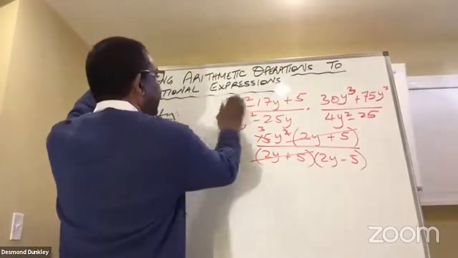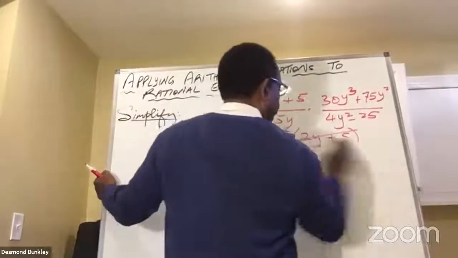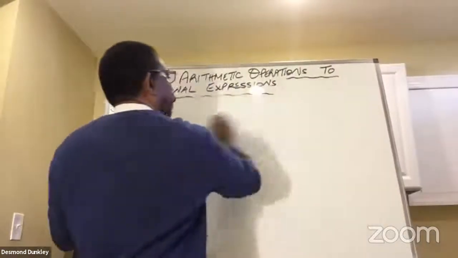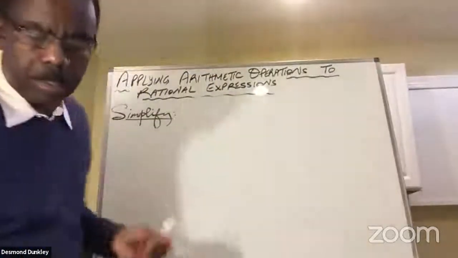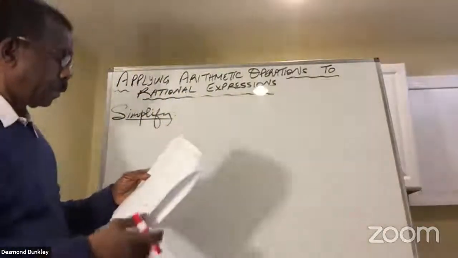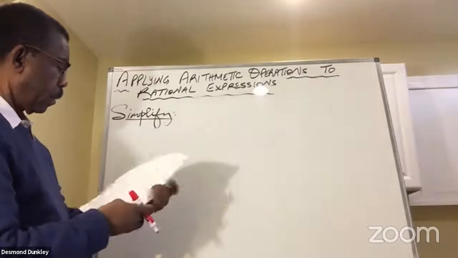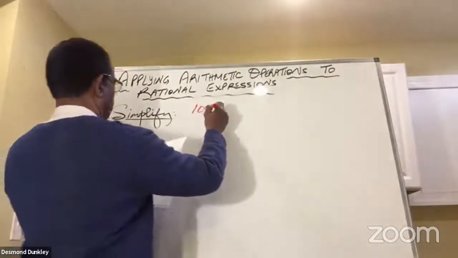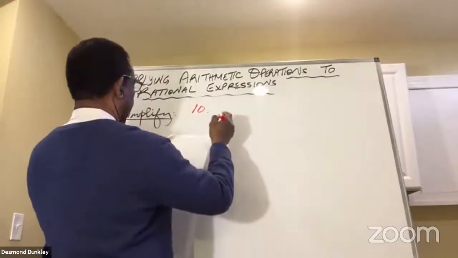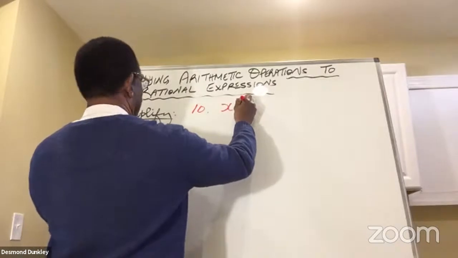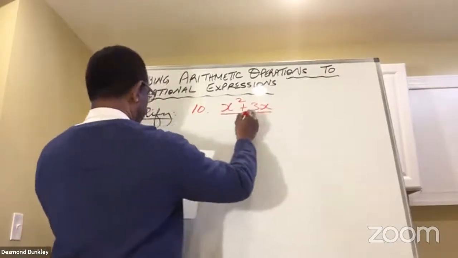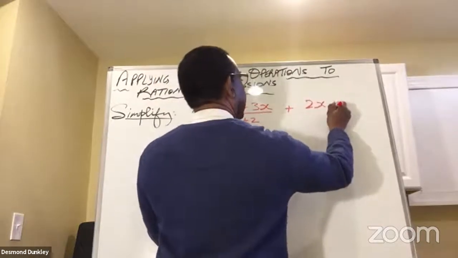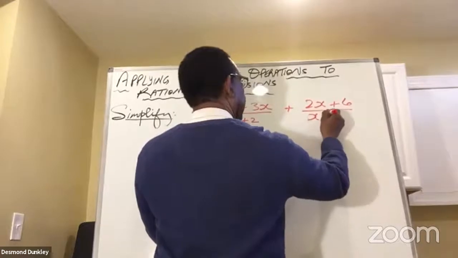Okay, so number 10. Number 10 says, x squared plus 3x over x plus 2, plus 2x plus 6 over x plus 2.